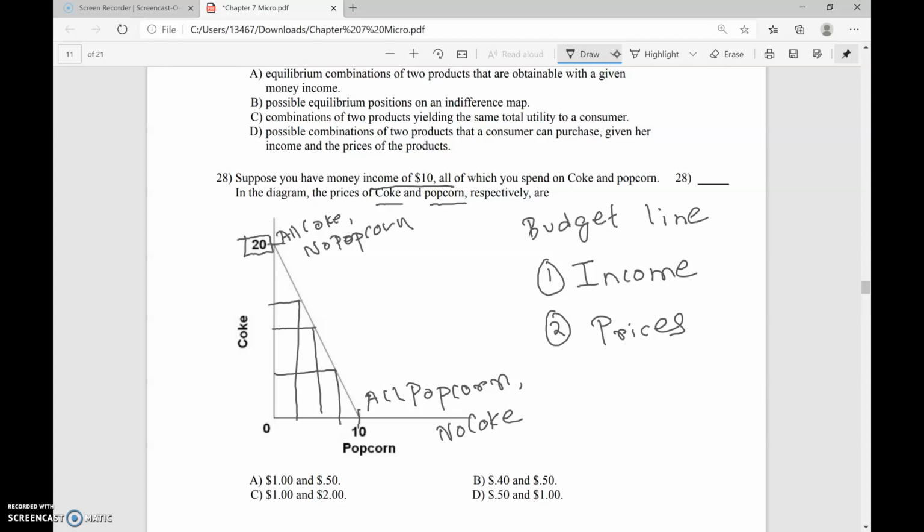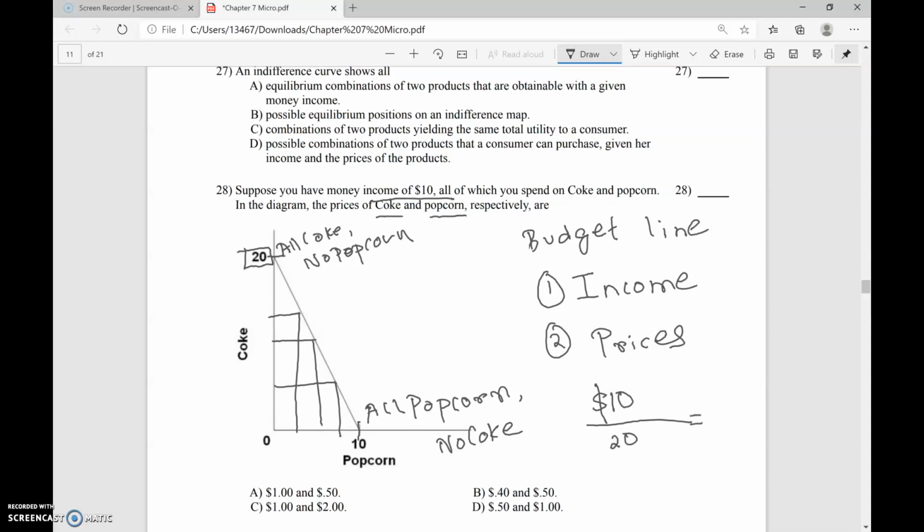Take a look at this point here where it says all Coke and no popcorn. The maximum amount of Coca-Cola the person can purchase is 20 units. So if the consumer has a money income of $10, this person can purchase 20 units of Coca-Cola.